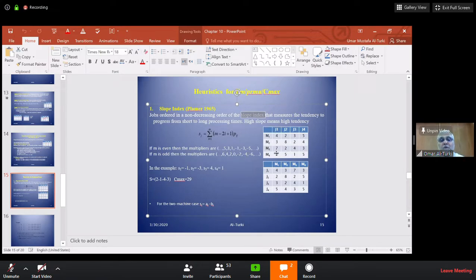In fact, I will show you this in this example. Here you can see the S1s: S1 equal to minus 1, minus 3, 4, and 1. This is not 4.